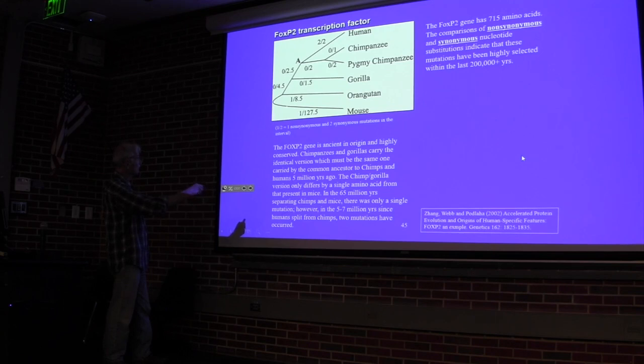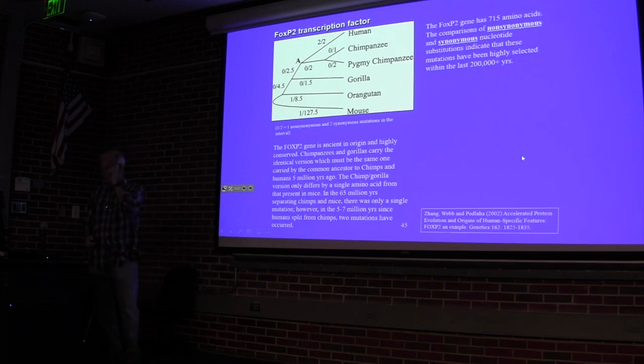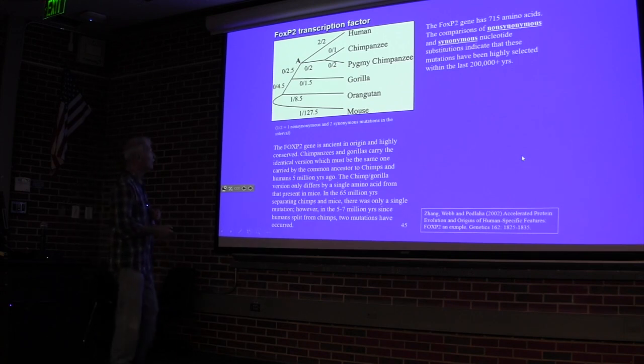It was 1, 0, 0, 2, and those 2 happened in the hominid line since the split from chimps. Very suspicious. It's part of the evidence that these are important in making us what we are.